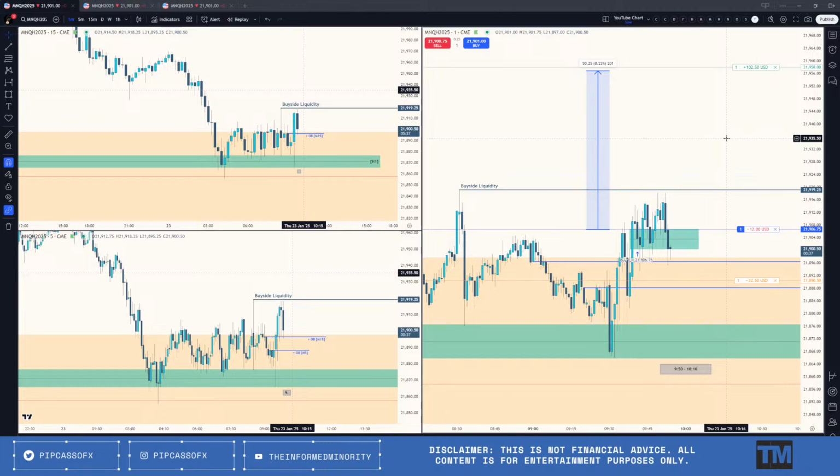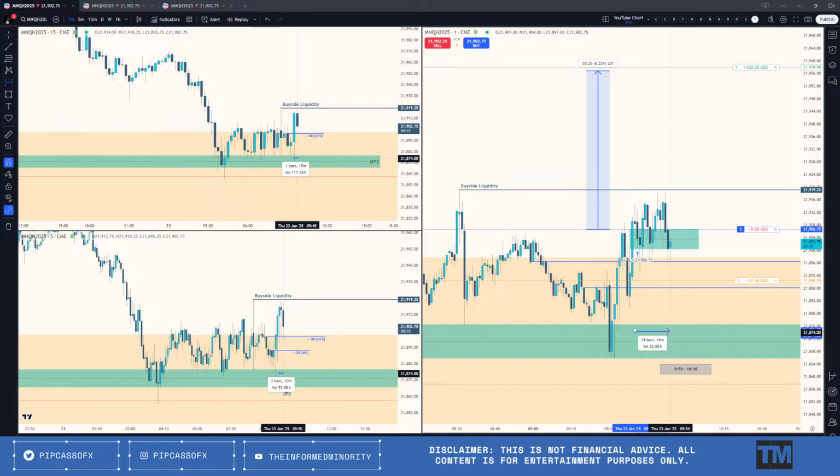It's just doing a lot of consolidating in here. That is more concerning for me, because I've been in this trade for 14 minutes. Why does this thing do this to me? Pretty much the whole time I've been in drawdown.